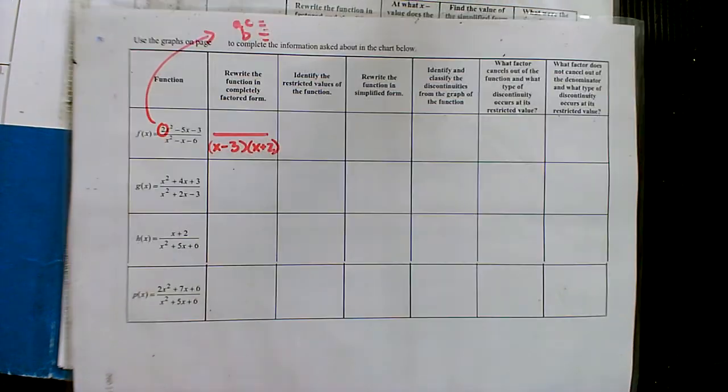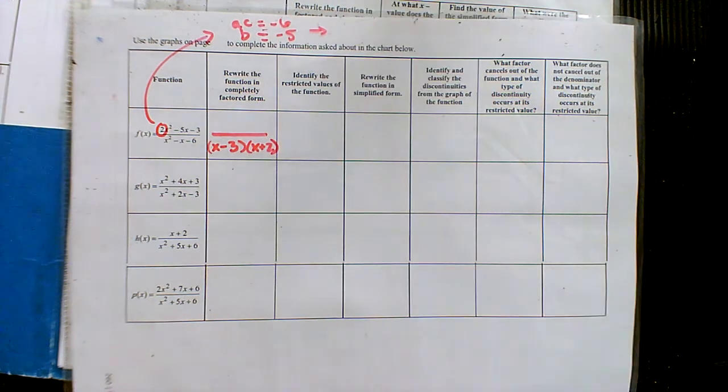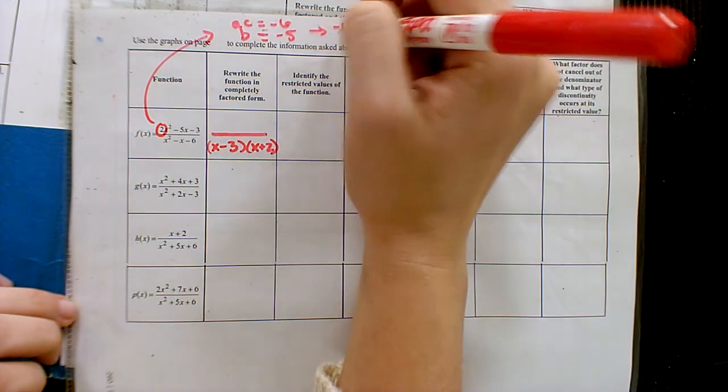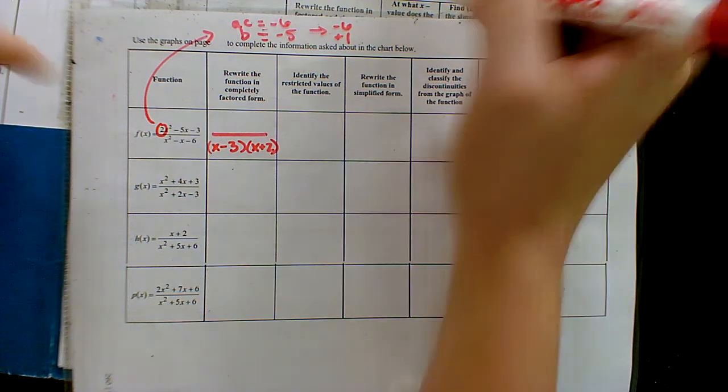So A times C would be -6, B is -5. Can we think of 2 numbers that multiply to -6 but add to -5? Yeah? -6, +1. Okay, so from here you have options. You can do grouping or divide and slide, whatever your preference is.